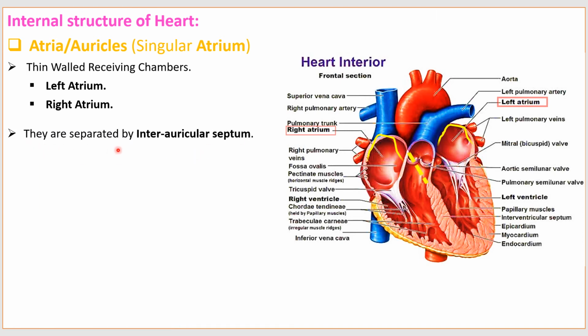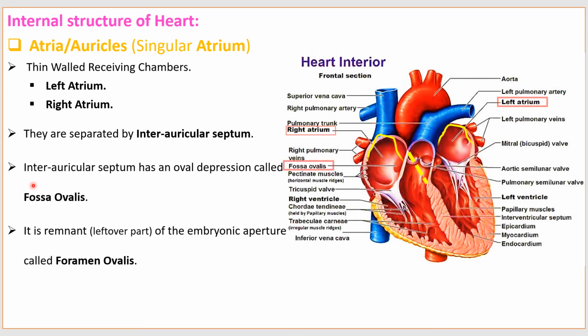They are separated by the interauricular septum. Look here, they are separated by the interauricular septum. The interauricular septum has an oval depression called the fossa ovalis. It is the remnant, or leftover part, of the embryonic aperture called the foramen ovale.